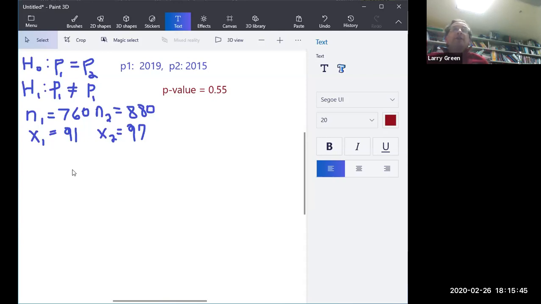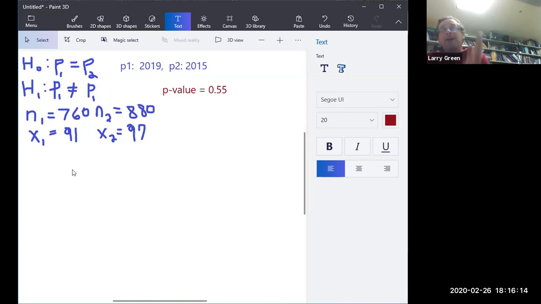That is a huge p-value. Remember, you only say you reject the null hypothesis if you look at the p-value, which is a probability, and say that's just too rare to happen. Well, if you do something that has a 55% chance of happening, you're not going to say, oh my God, that was strange. No, you're going to say, yeah, 55%. Well, that's pretty common. Okay, that's how p-values work.